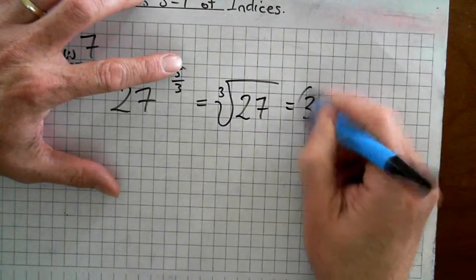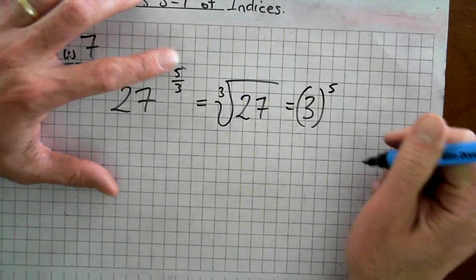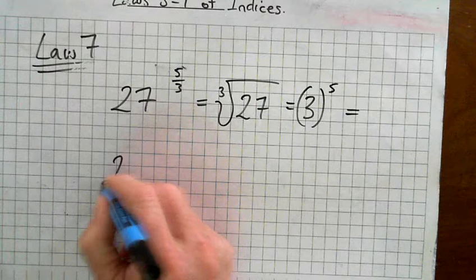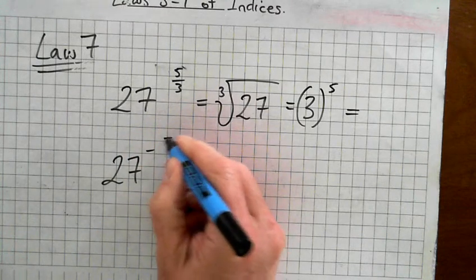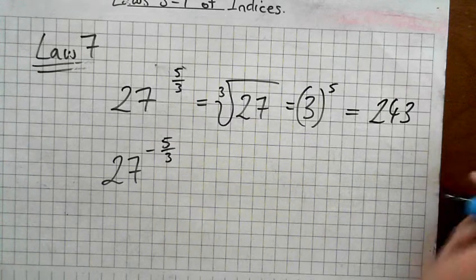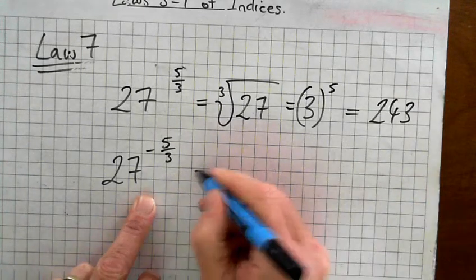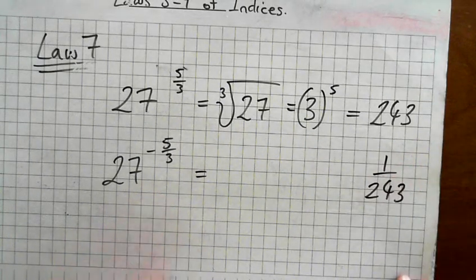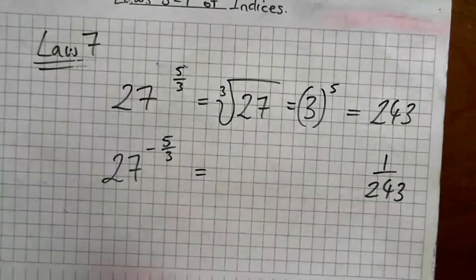It's 3. Now to the power of 5. Will you do that in the calculator? Equals. Alright, so what's the actual answer now? 1 over 243. Okay.